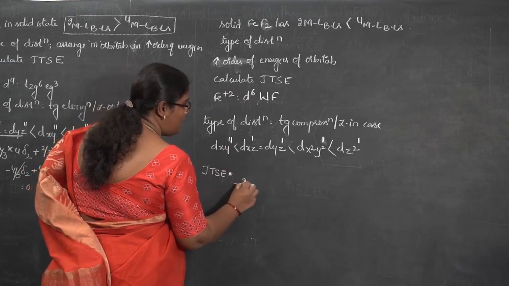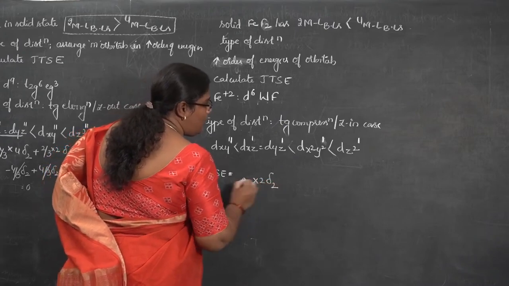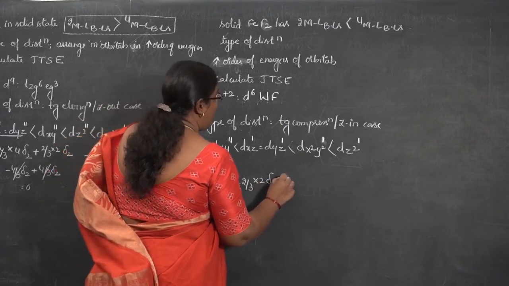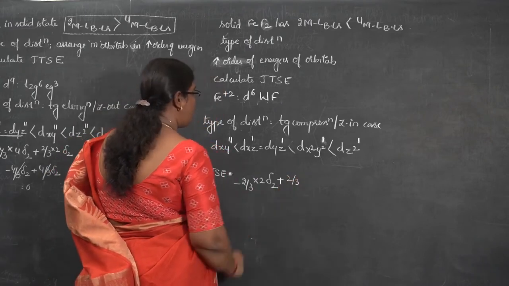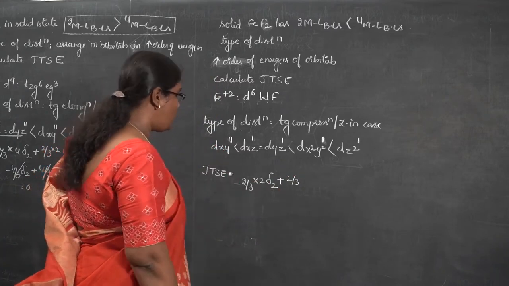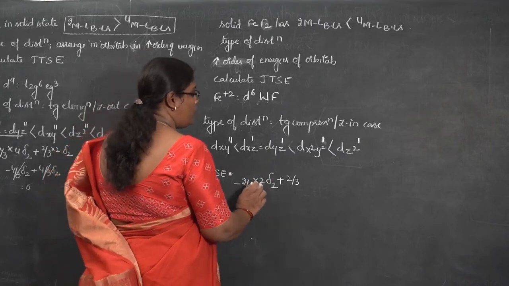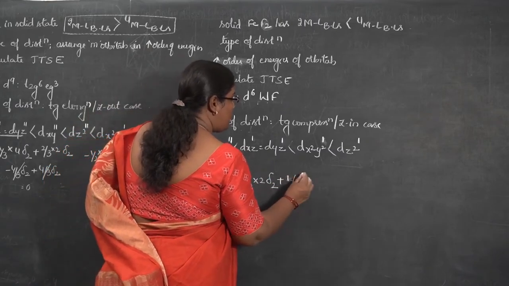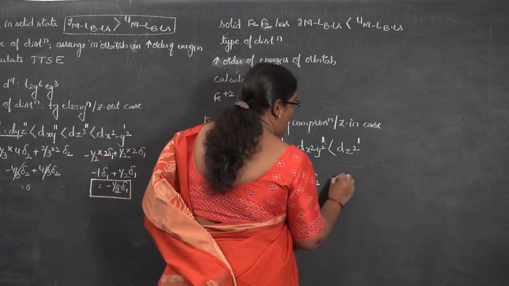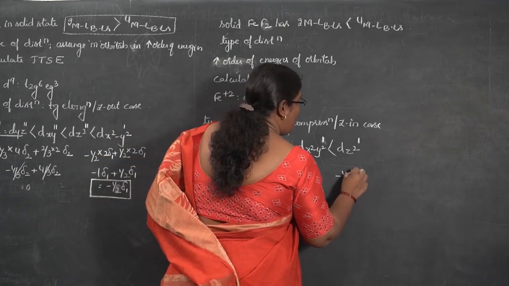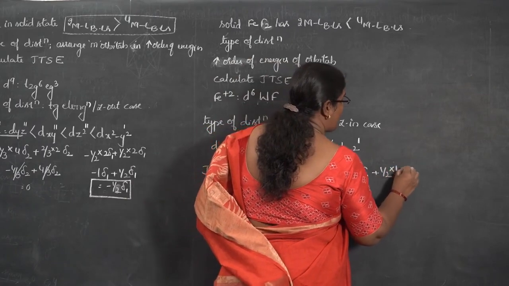So what is the Jahn-Teller stabilization energy? That is minus 2 by 3 into 2 electrons in terms of delta 2 plus 2 by 3, cancel out, plus 1 by 3 into 2 electrons in terms of delta 2, and minus half into 1 electron delta 1 plus half into 1 electron delta 1.